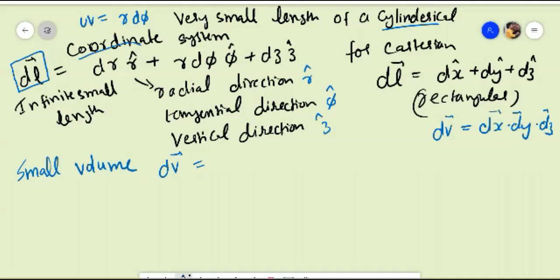It's not so easy. Our dv will be equal to, we have to multiply dr, then r d phi, and dz. Multiplying these three elements, we get the small volume as r into dr into d phi into dz. So this is our volume: r dr d phi dz.